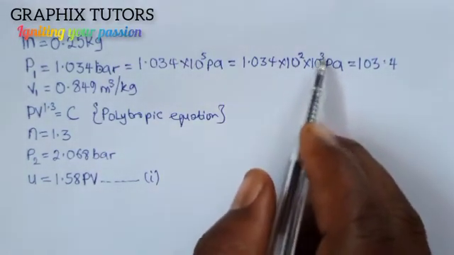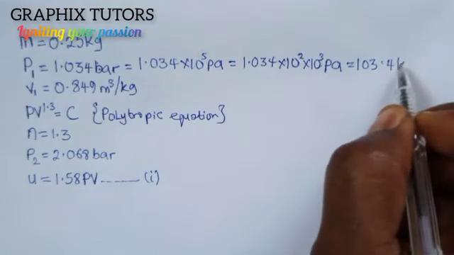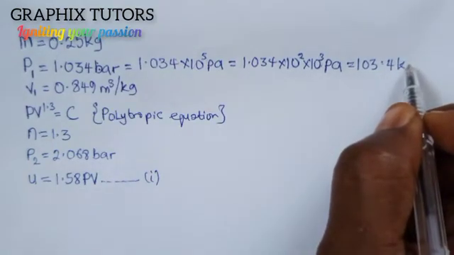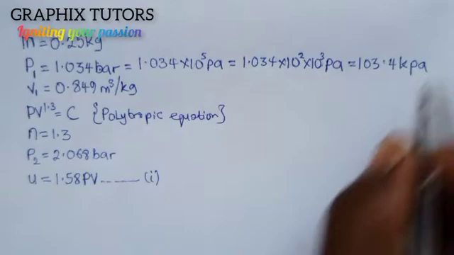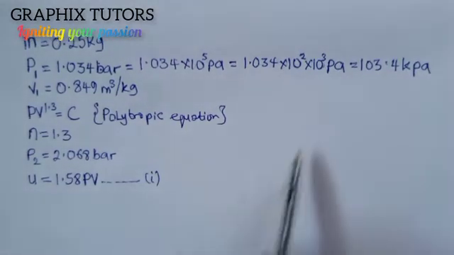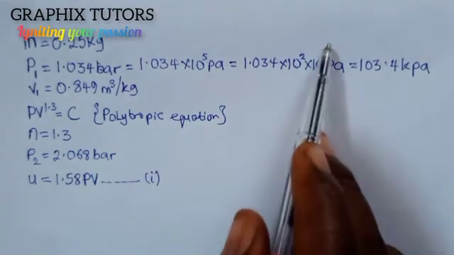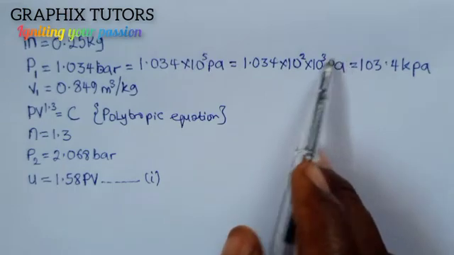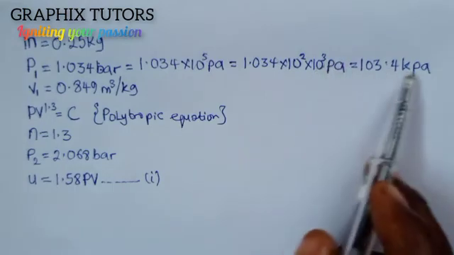Then this 10 to the power 3 means kilo, so we have kPa. I said 10 to the power 3 means kilo, which is 1000, so I convert it to k.